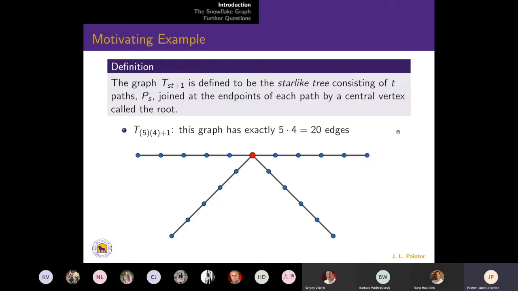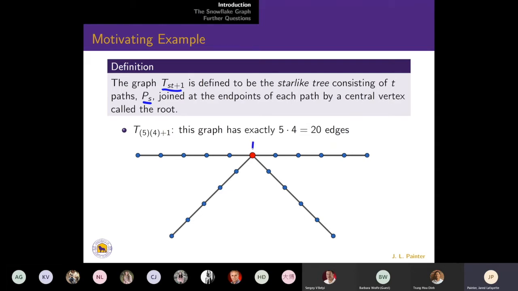Now, this is what I call my motivating example. This graph up here, capital T sub S, T plus 1, we call a star-like tree consisting of T paths of size S, or length S, P_S, joined at the endpoints of each path by a central vertex called the root.